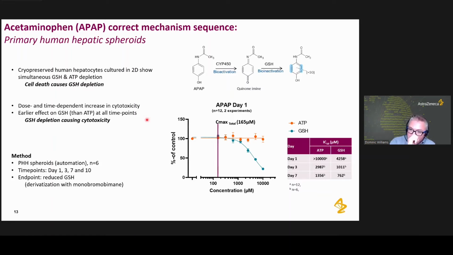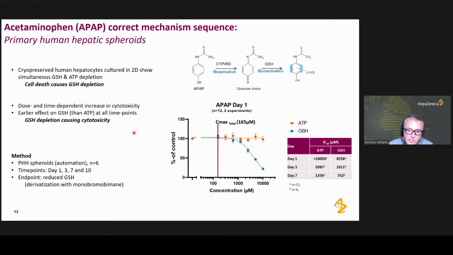What we've done internally is we found when we use spheroids, what we used to find with hepatocytes cultured in 2 dimensions, because the cryopreservation procedure made them somewhat delicate, was that when we treated with paracetamol, we used to get concurrent cytotoxicity and glutathione depletion, both occurring at the same time, suggesting that cell death was causing the glutathione depletion.